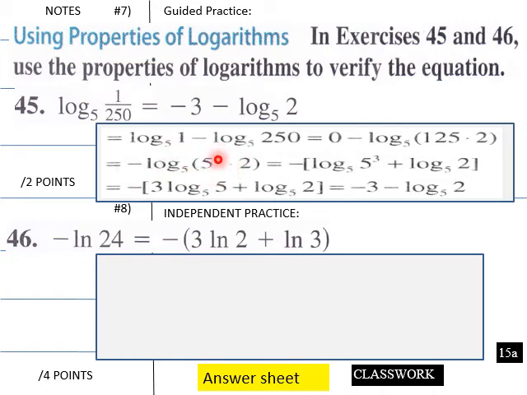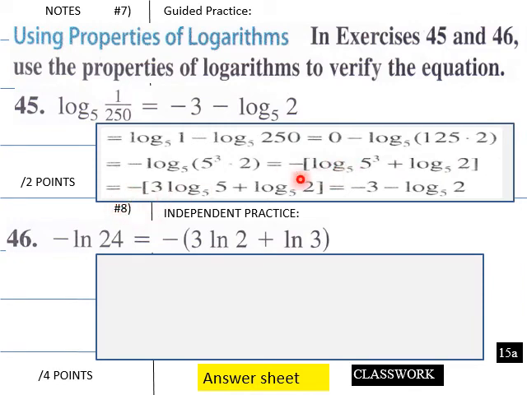And then this reciprocates that, equals the negative of log base 5 of 5 to the third plus log base 5 of 2.